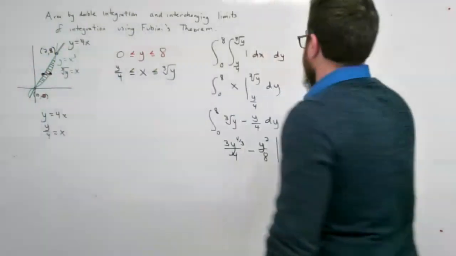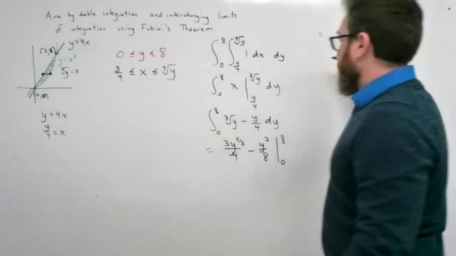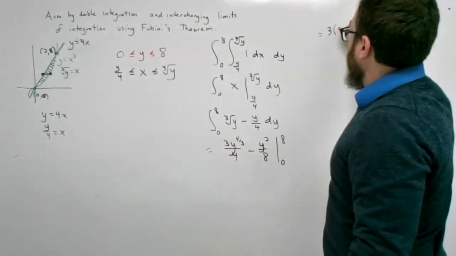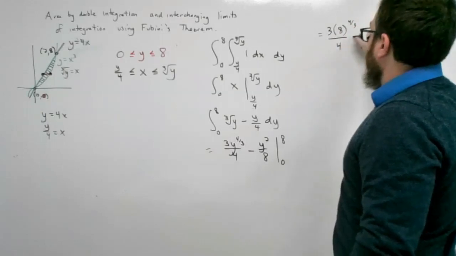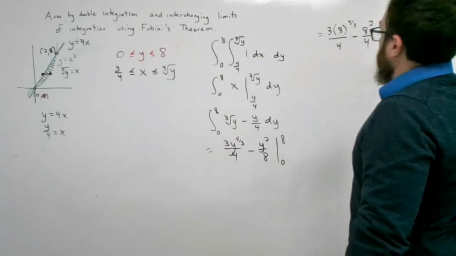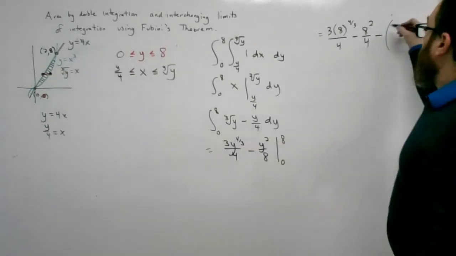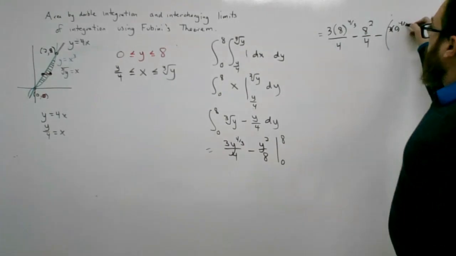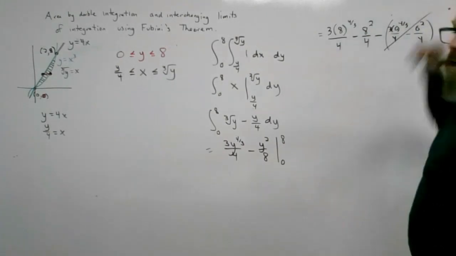Now we can plug in top minus bottom, so this will be equal to 3 times 8 to the 4/3 all over 4 minus 8 squared all over 8. And what's nice again is when we plug in 0, this will be 3 times 0 to the 4/3 all over 4 minus 0 squared all over 8. So again, that side's going to disappear.